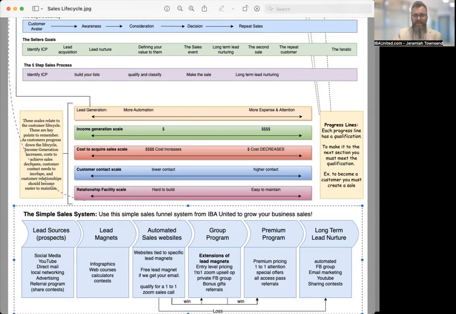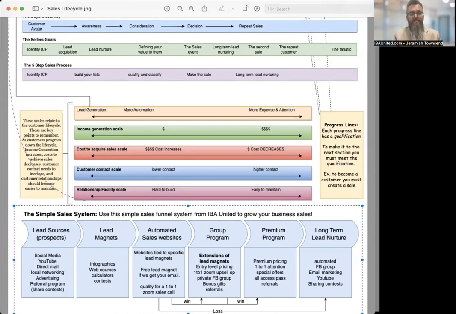They just go, I want this, click buy. That's what they want. So websites tied to specific lead magnets or automated sales funnels tied to specific lead magnets. And then if they give their email and everything else to you, they're going to get the lead magnet and they become a prospect that you're going to mail out to and try to reach.